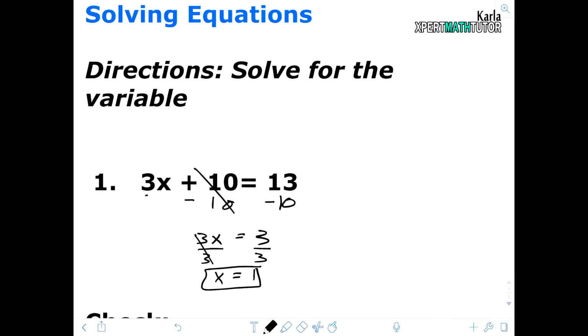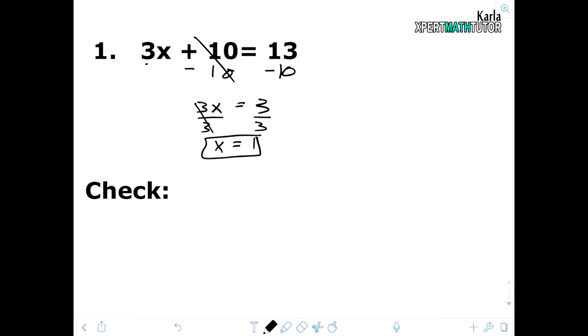Now let's check to see if our answer is in fact correct. So I'm going to copy down the original equation. 3x plus 10 is equal to 13. Now x equals 1. This x is going to be plugged in to x in our equation.